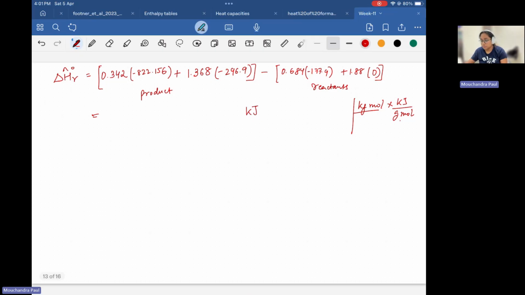If we remove the moles altogether, it should give you a value in kilojoule. So in order to do that, we have to multiply this entire thing with 1000.